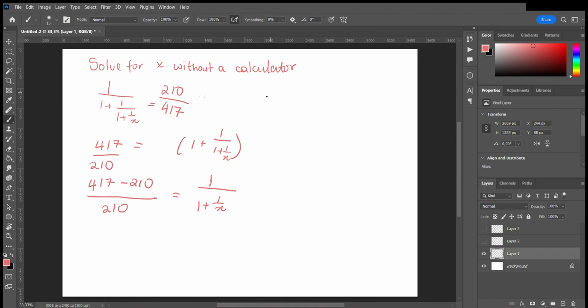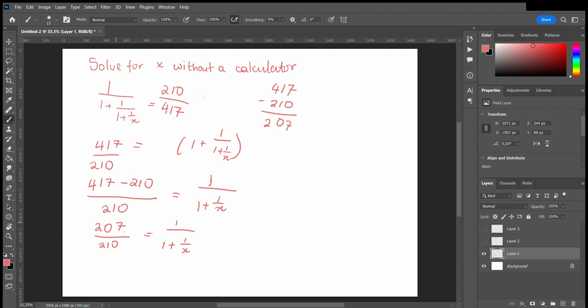You're going to have 417 minus 210. You can sneak and use a calculator, but let's just not. So you're going to have 207 over 210 equals, which I don't know if they're factors of each other.